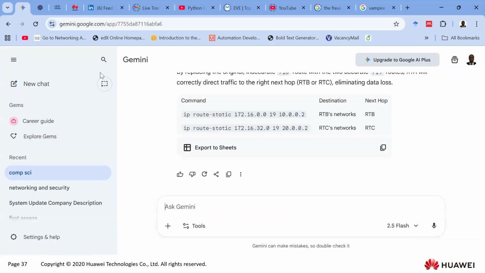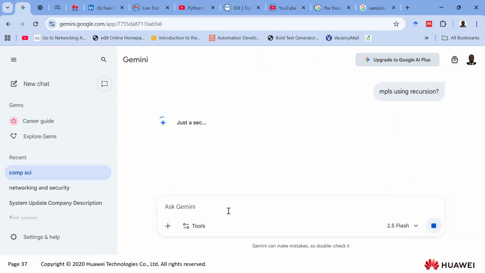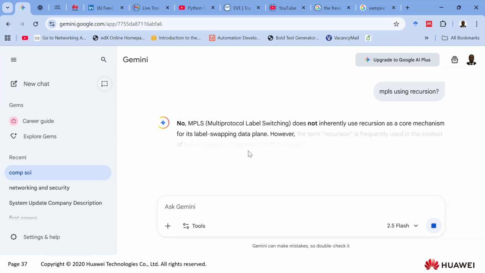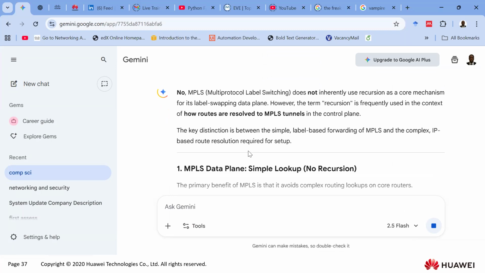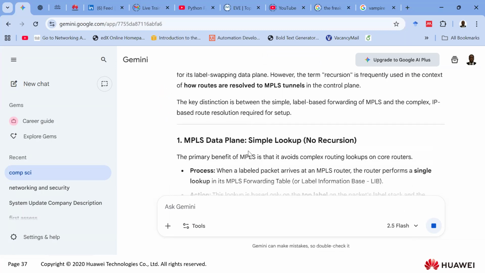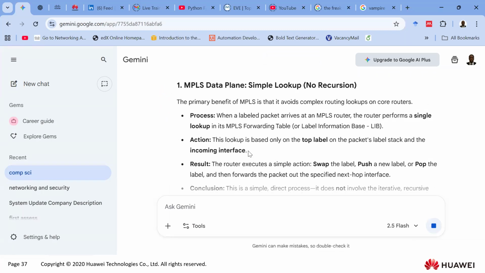MPLS recursion. It might be the same thing. No. Label switching, no recursion.